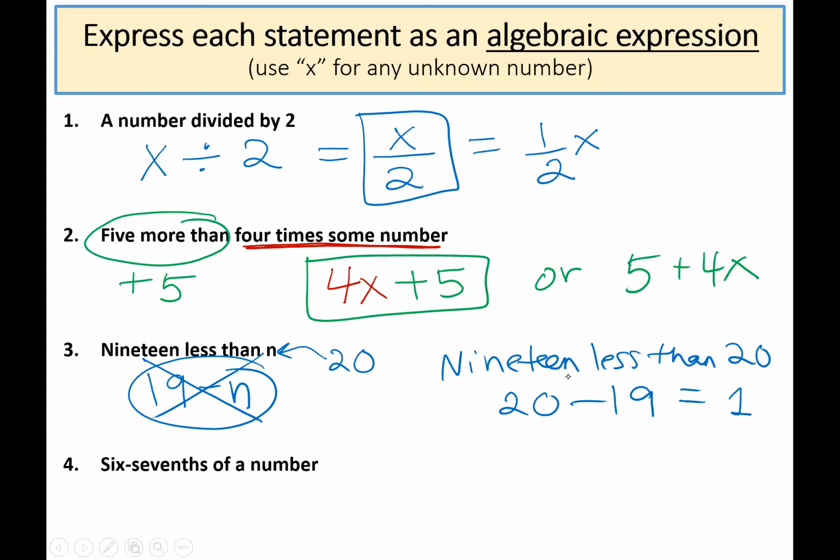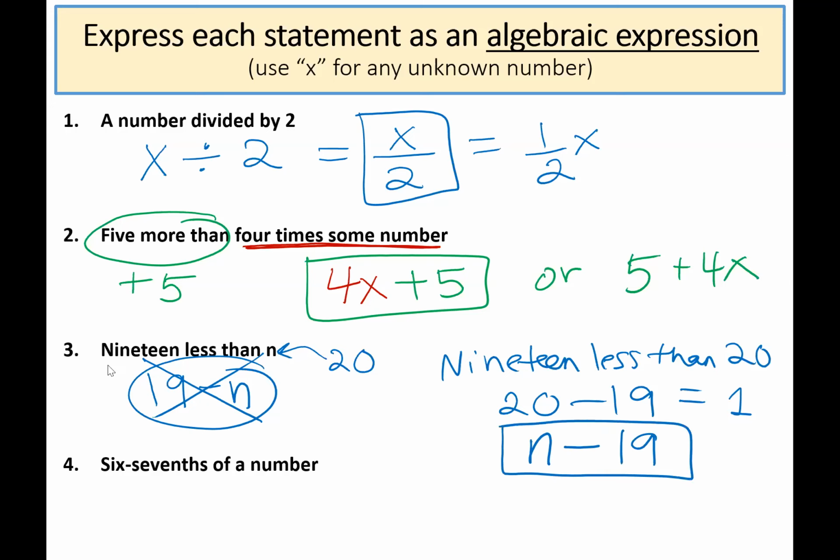Okay, so my point in that little example is you might be used to switching the order for a phrase like this without even thinking about it. But somehow when there's a variable involved, maybe it seems a little harder. So 19 less than n is actually going to be translated into n minus 19. So what is it less than? It's less than a number n. How much less? 19 less. So we're taking away 19. So our final answer here is n minus 19.